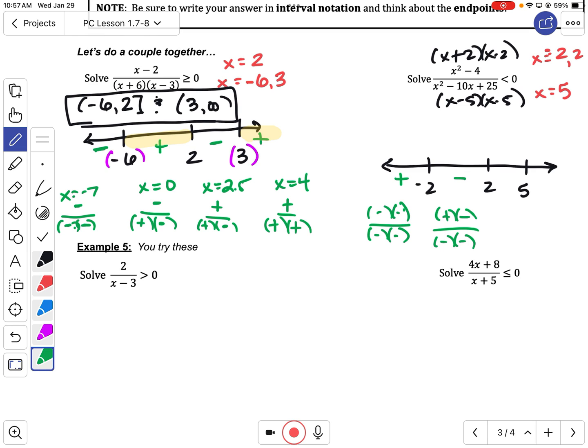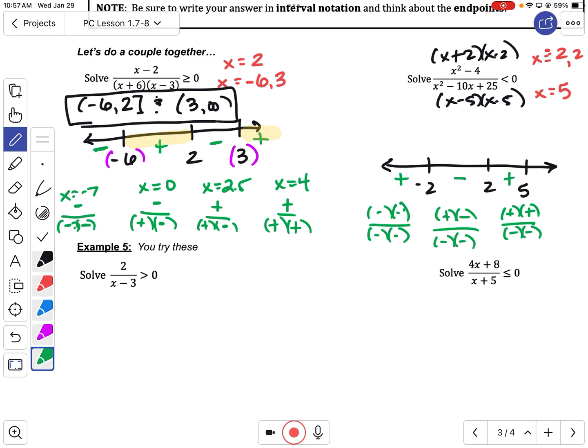Between 2 and 5. Three, that'd be good. So we plug that in. I'd get a positive and a positive, a negative and a negative. What would I end up with overall? Positive. And then something bigger than 5.